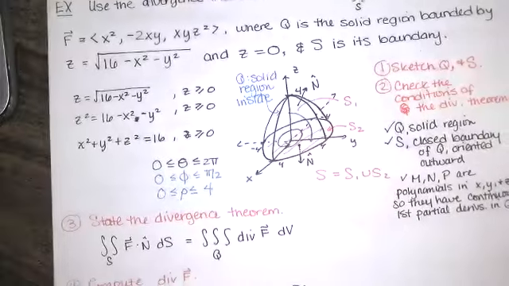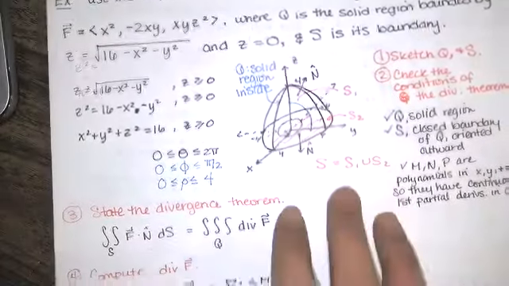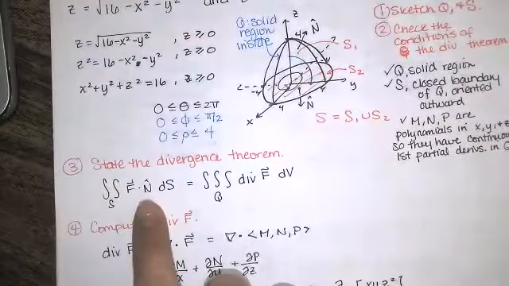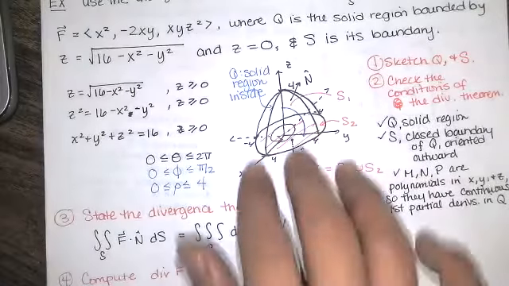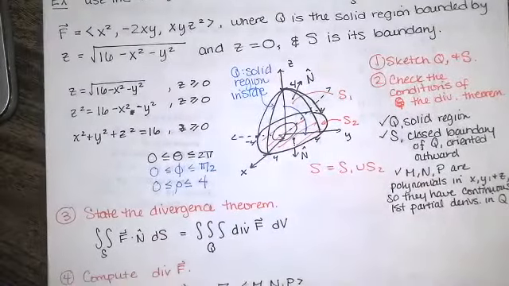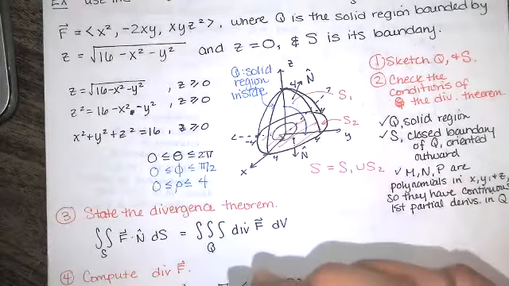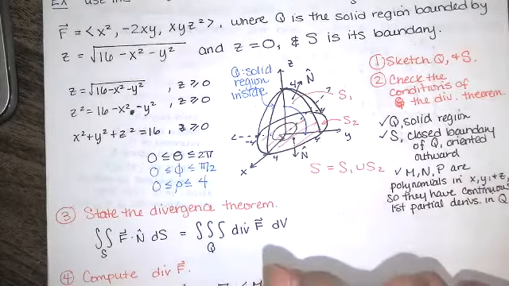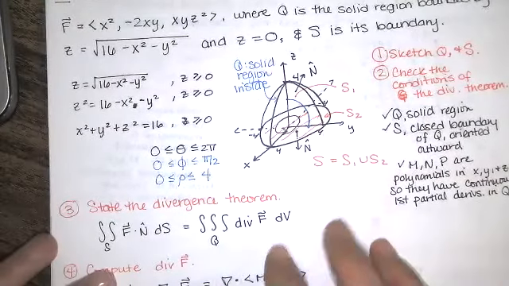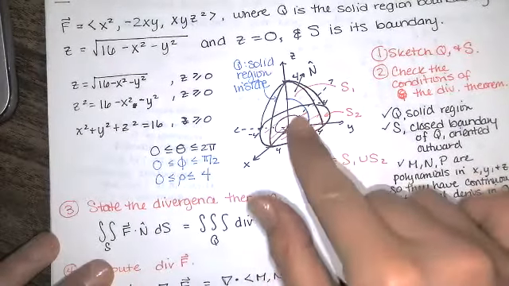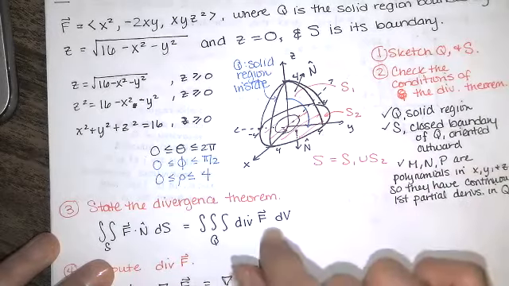What does that mean? Well, that just means that this flux through the surface is 0. So if F is the velocity field of some fluid, the same amount of fluid that went in is the amount of fluid that came out. So there is no net fluid moving through that surface. We could verify that if we wanted to by doing the surface integral over S1 and the surface integral over S2.